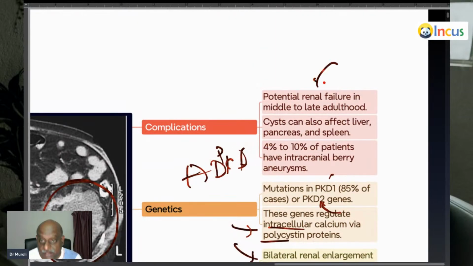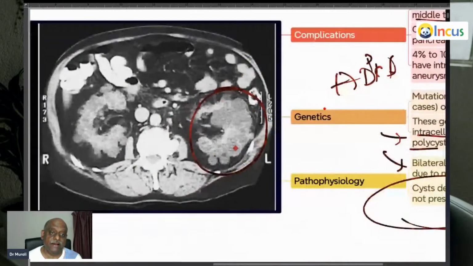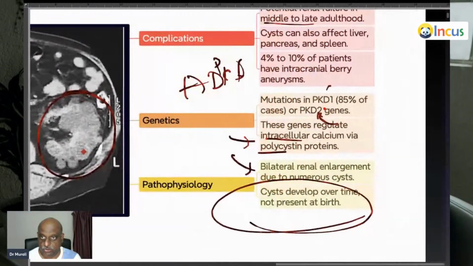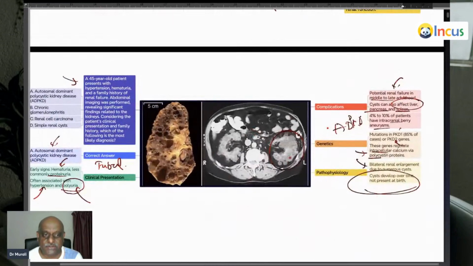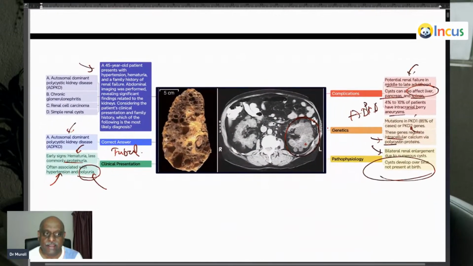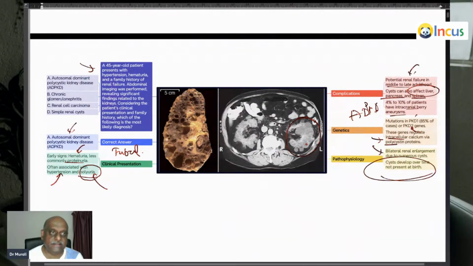There's a chance of renal failure by the time they reach middle age. Cysts also affect the liver, pancreas, and the spleen. And they also have intracranial berry aneurysms, which is what you need to remember. So that is the story of polycystic kidney disease.